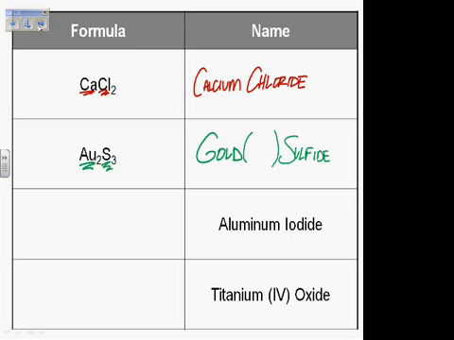Let's think about this. There are 3 sulfurs, 1, 2, 3. And they're not sulfurs actually, they're sulfide ions. Each one has got a -2 charge. Altogether that means that they are -6 in charge. There are 2 gold atoms.